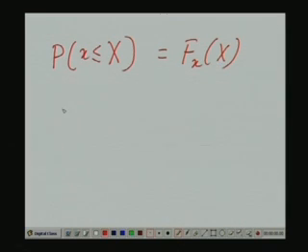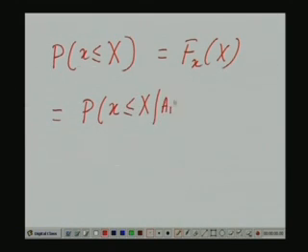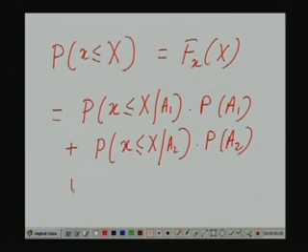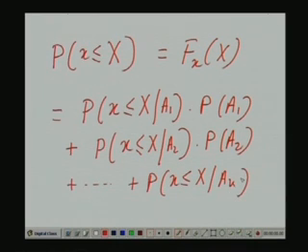Now, we can write this as follows. There is nothing new in this.